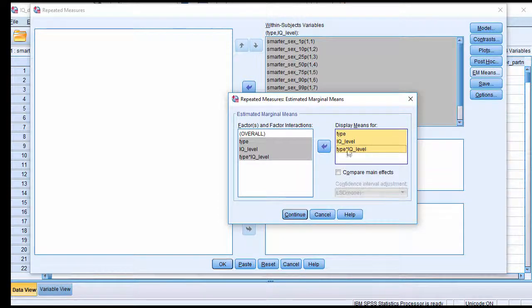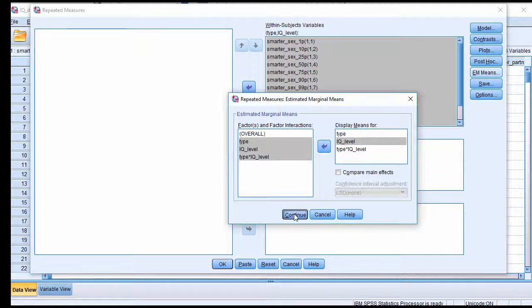It might be relevant particularly to the IQ level because there are 7 levels there, and I could do some sort of Bonferroni correction or adjustment to evaluate the main effect of IQ level. But as I write in my textbook, I use a more powerful approach to evaluate IQ level, more of a trend analysis type of approach.